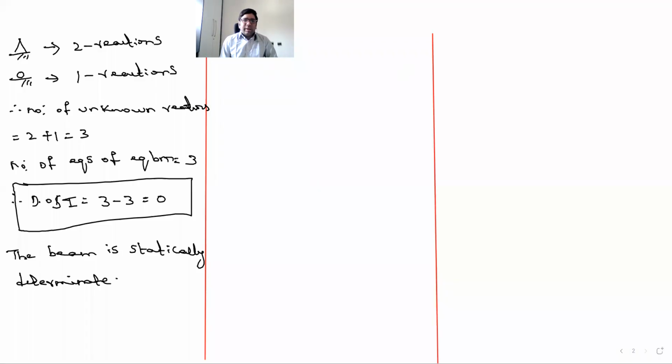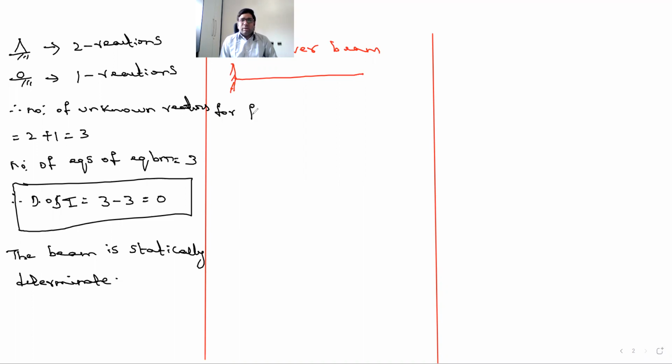Okay, now the second problem, cantilever beam. For that, we have this specific beam. Now, what all do we know?